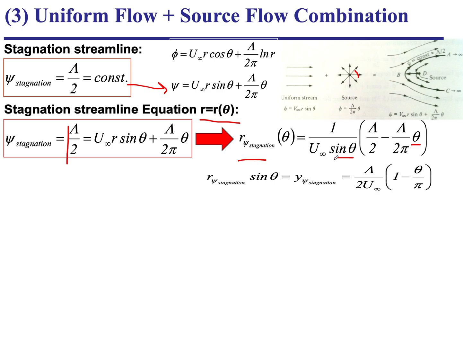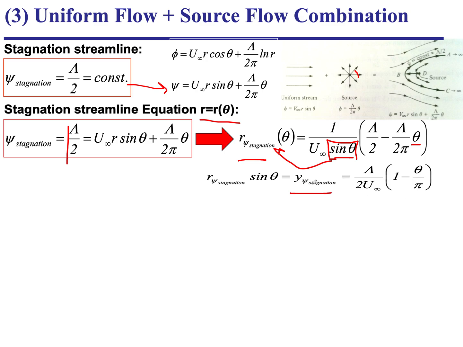So when you take r times sine theta, you're going to get a y. So now we're mixing two coordinate systems because it helps us plot it easier. We're mixing the Cartesian coordinate system with the polar coordinate system, which is fair enough when we try to plot this over MATLAB or any type of plotting software.